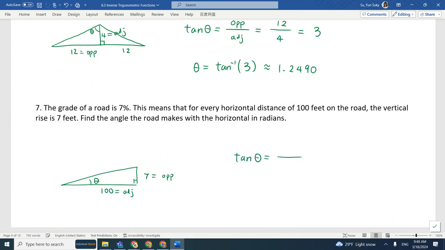Tangent is opposite over adjacent, 7 over 100. So tangent of 7 over 100 is, thank you. Do you have the same answer, everybody?